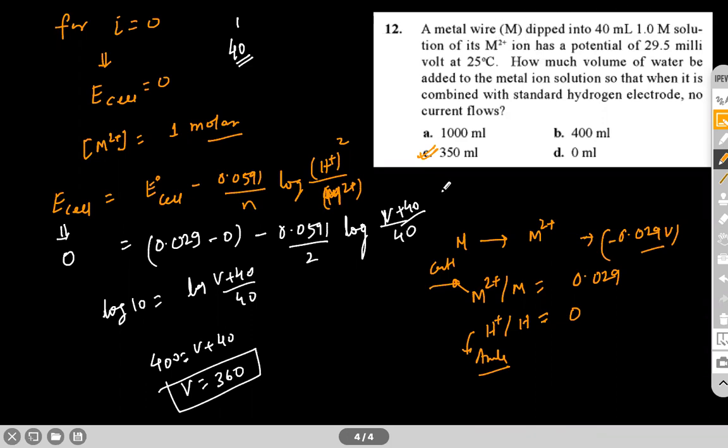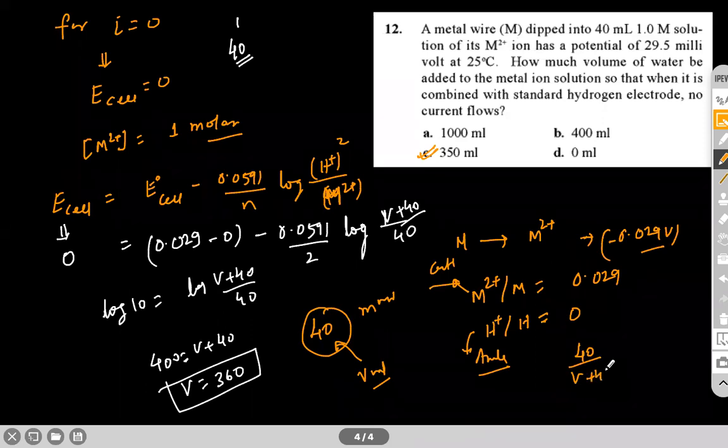Now we have added V ml of water into this in order to make E cell 0. So the concentration now becomes 40 divided by V plus 40. This is the concentration of that ion, which I have substituted here. H plus is 1, so we get this.